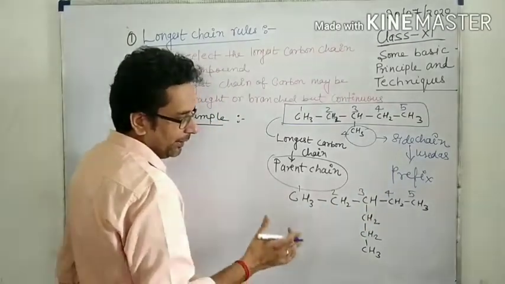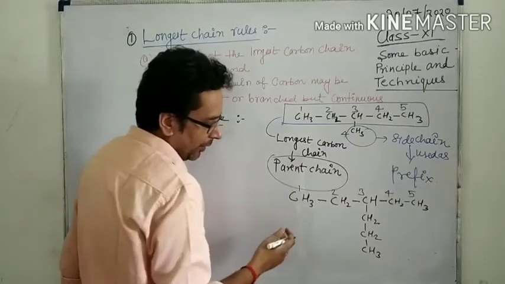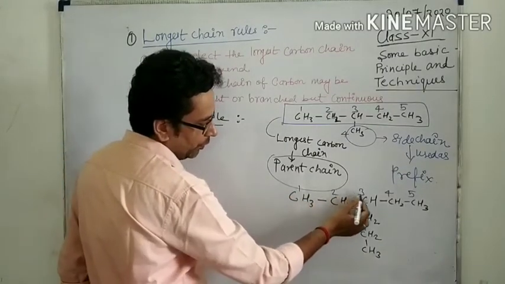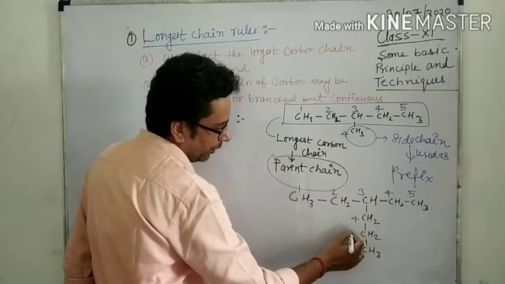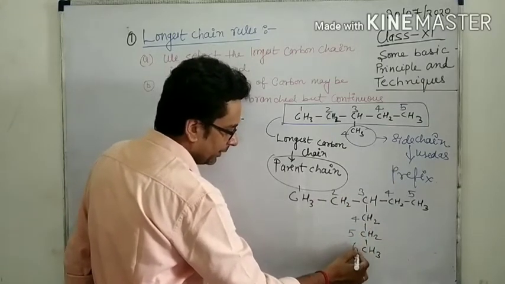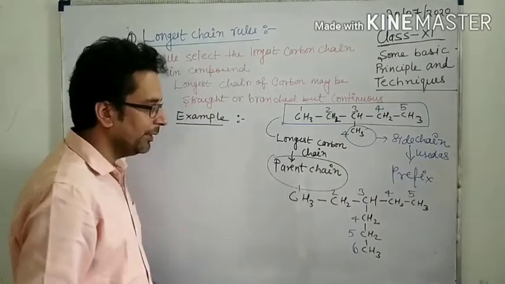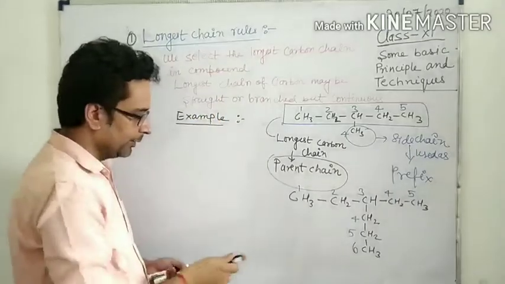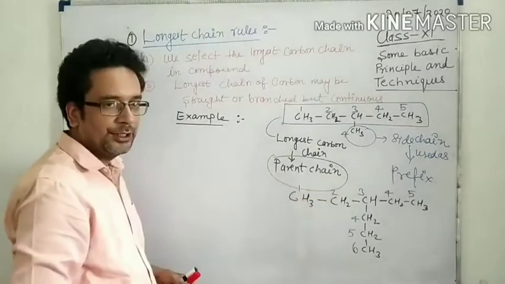Now another method to select the longest carbon chain is that 1, 2, 3, 4, 5 and 6. So which one is the correct? According to this rule, 6 carbon longest chain.